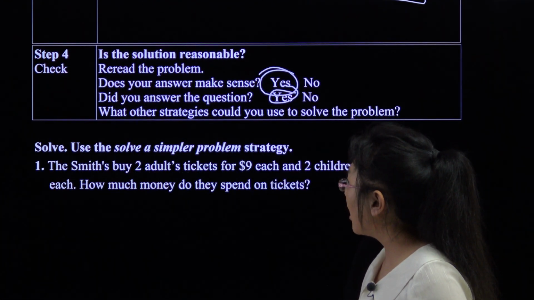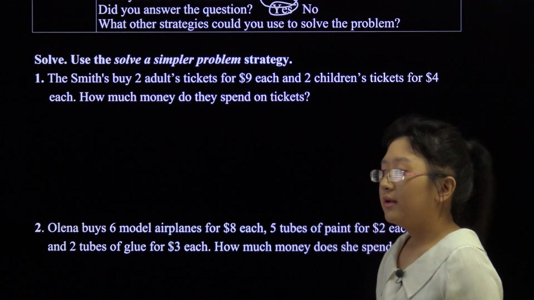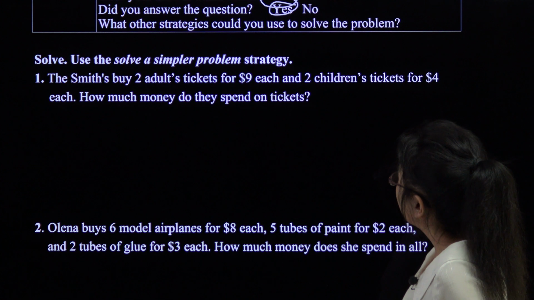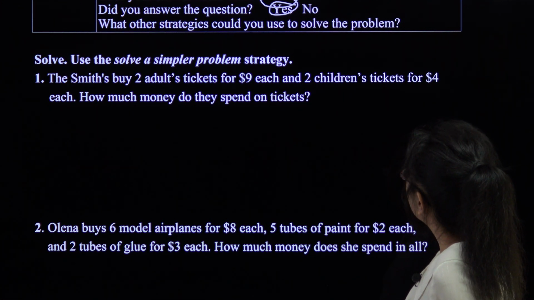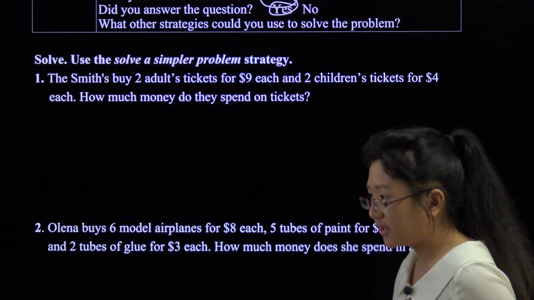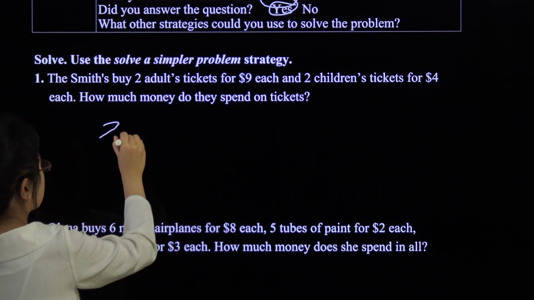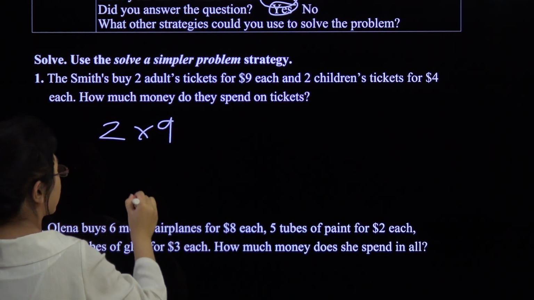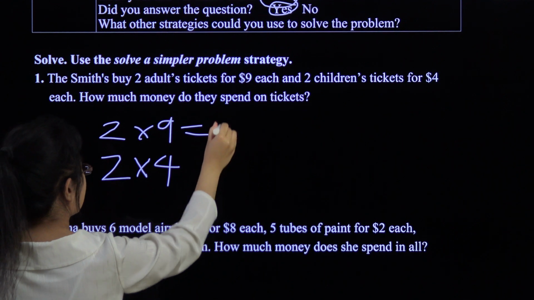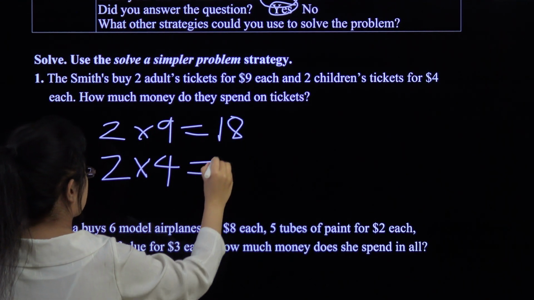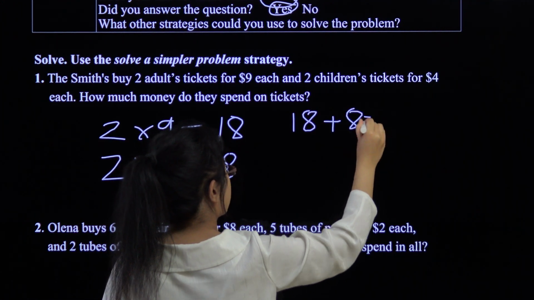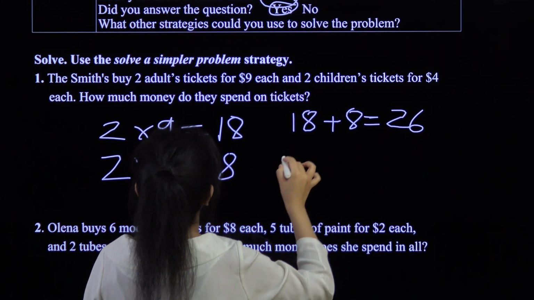Now, solve. Use the solve a simpler problem strategy. The Smiths buy 2 adult tickets for $9 each, and 2 children's tickets for $4 each. How much money do they spend on tickets? Okay, so 2 adult tickets for $9 each, and 2 children's tickets for $4 each. 2 times 9 is equal to 18. 2 times 4 is equal to 8. 18 plus 8 is the total amount, and that's 26.